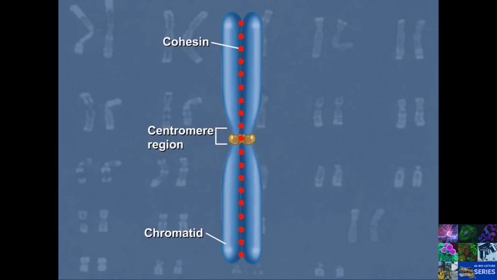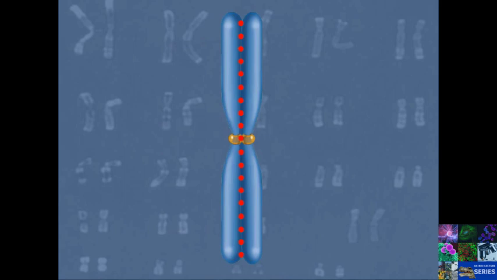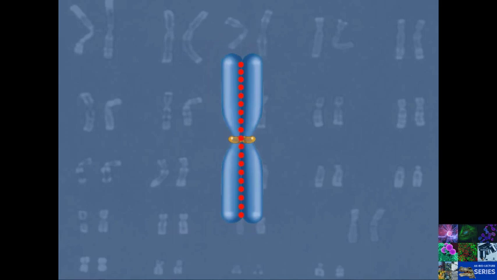A protein complex called cohesin holds sister chromatids together until the chromatids are separated at the start of anaphase in mitosis or meiosis. Cohesin complexes first connect the arms and centromere of sister chromatids at the end of DNA synthesis, before chromosomes are fully condensed. The cohesin complexes keep the arms attached as the chromosomes condense in early prophase.